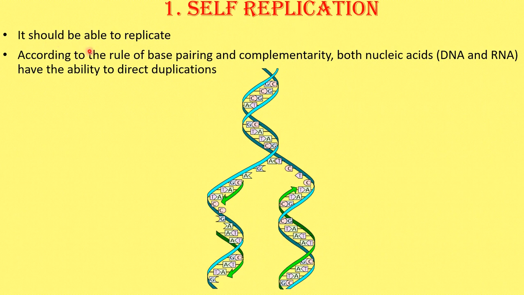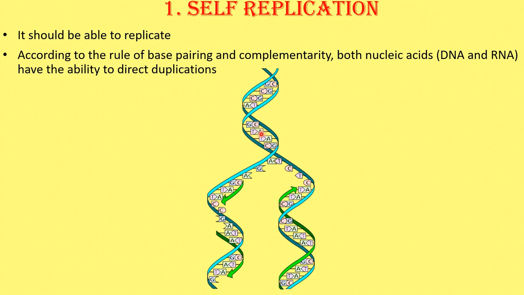So both DNA and RNA should be able to replicate. According to the base pairing rule, adenine pairs with thymine, guanine pairs with cytosine. We have studied adenine pairs with thymine with 2 hydrogen bonds and guanine pairs with cytosine with 3 hydrogen bonds.